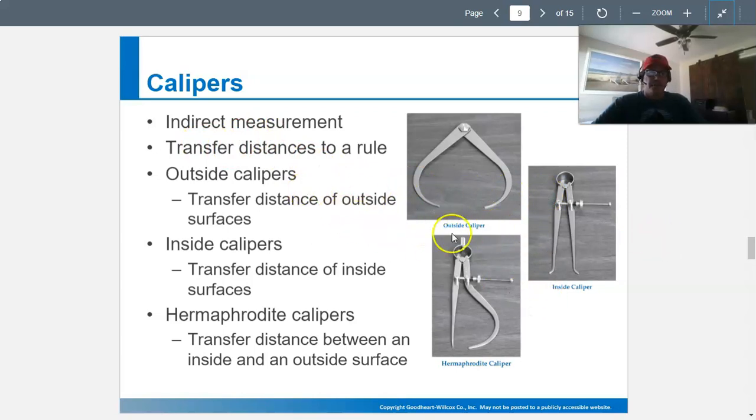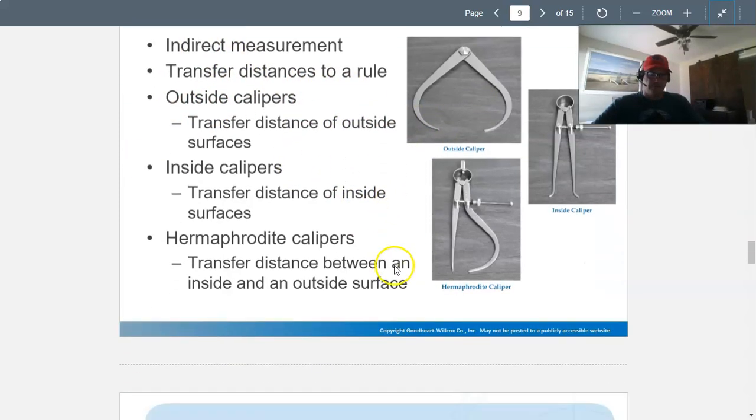I've just never needed to use these. It's kind of funny that they would show these. They are used and applied in some instances, but in my experience in manufacturing and print reading, we just never use transfer calipers.